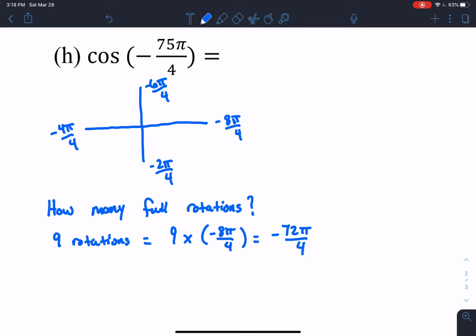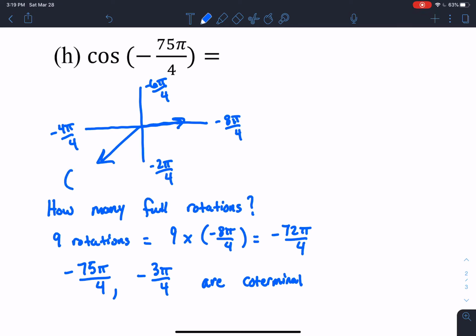So what do you have left? The difference would be -3 pi over 4. You have -3 pi over 4 more to go. So -75 pi over 4 and -3 pi over 4 are coterminal. -3 pi over 4 goes in quadrant 3, so we know that the x term there is negative and the y term there is negative.